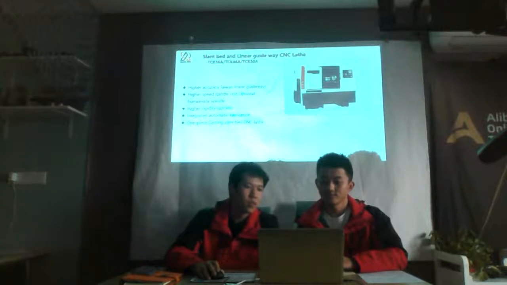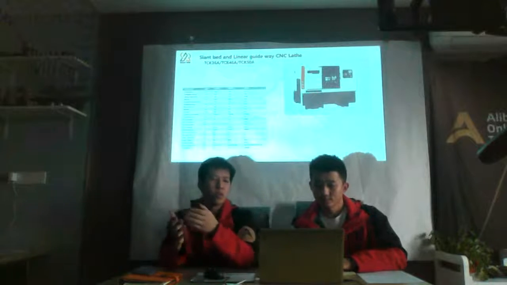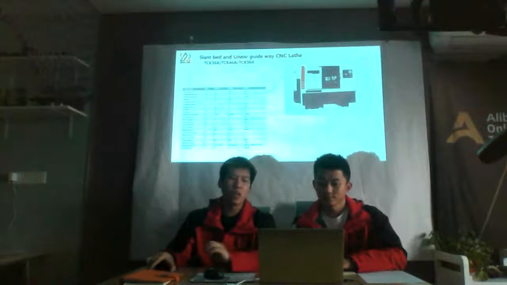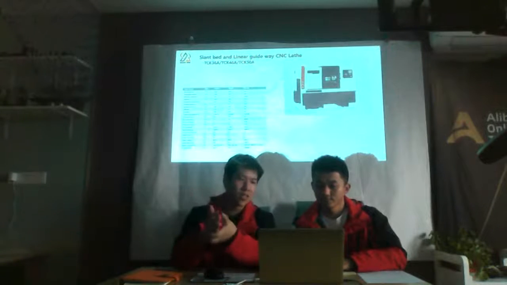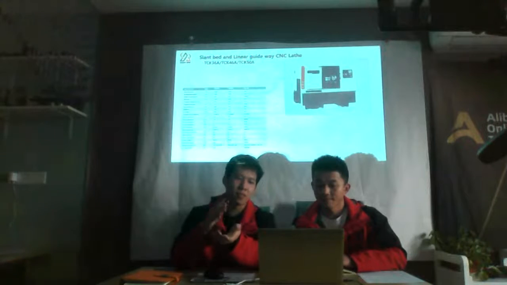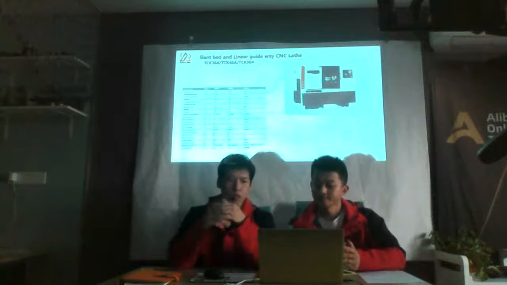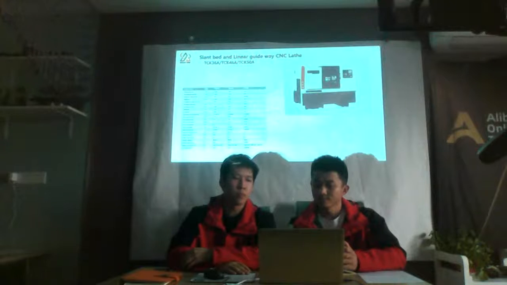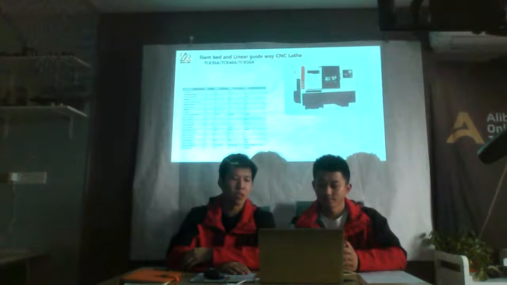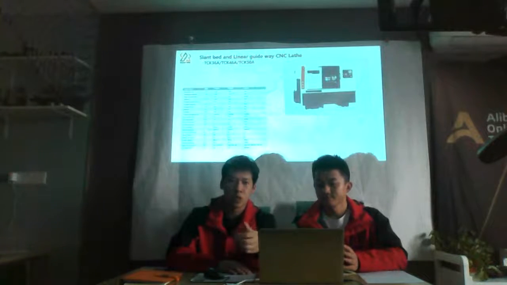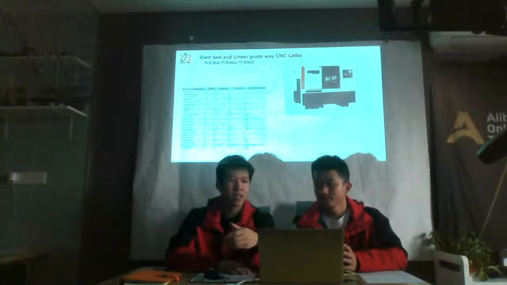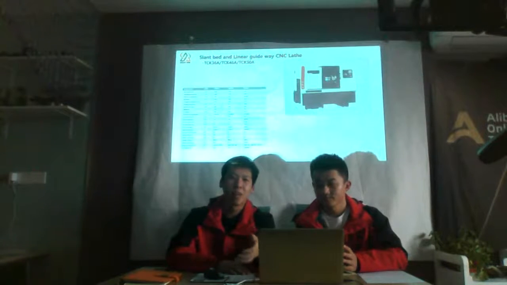Okay. So there are some more machine models. This one is actually a smaller machine type. It's called the TCK 360A, TCK 46A, and TCK 50A. These are typically new lathe machine models, and they are also slant bed lathes. As we mentioned before, there are little differences in machine size and process capability.